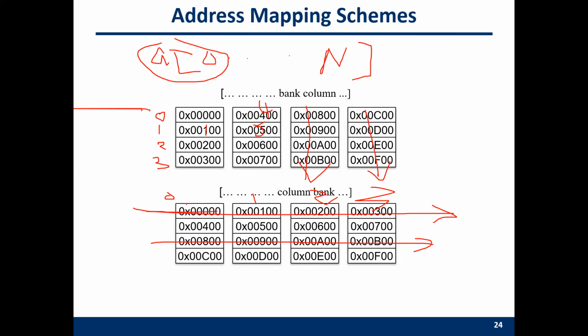So at one time you can read this one, this one, this one, and this one, because these 4 banks can be independently accessed. If your application does not sequentially read the data, then maybe you prefer the first one.